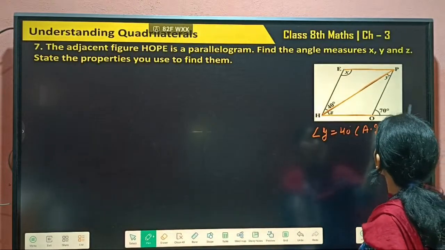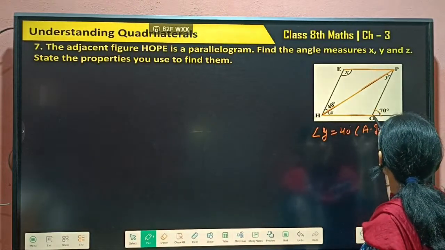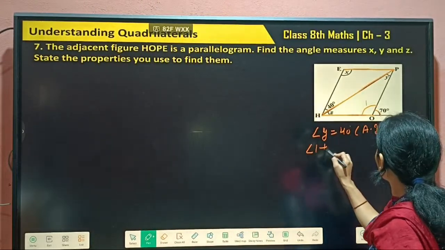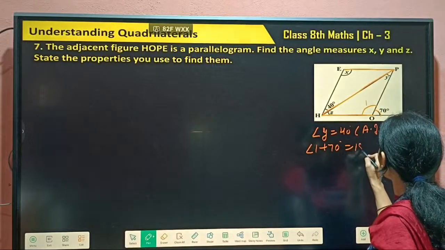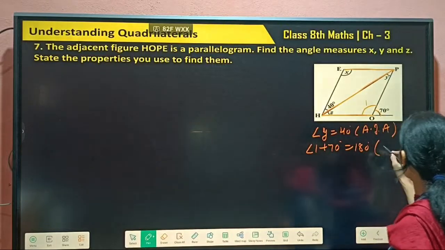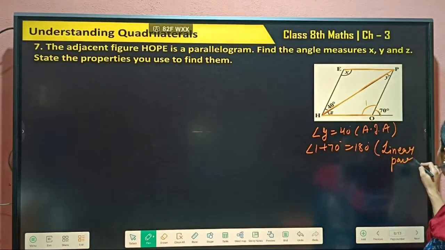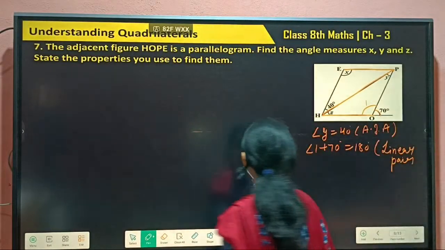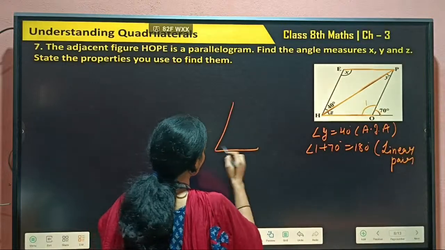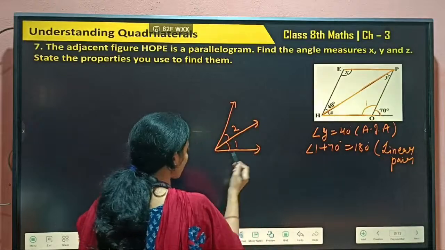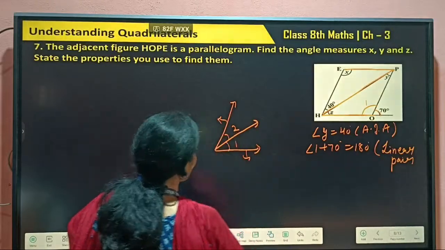Now see, if it is 70 degrees, consider the other angle as angle 1. Angle 1 plus 70 degrees equals 180. The reason is linear pair. I told you, when the non-common sides of adjacent angles form a line, such angles form a linear pair.